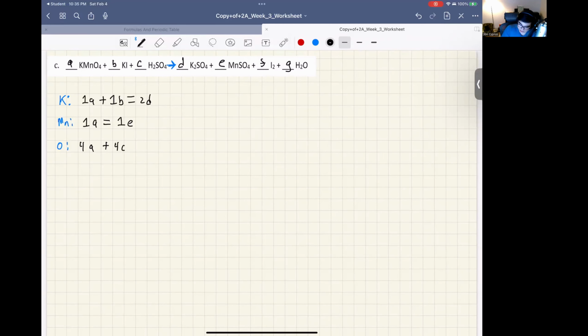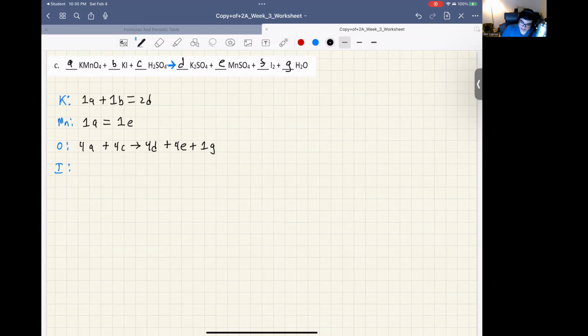So this is for C. For D, there are 4 oxygens. For E, there are 4 oxygens. And then for G, there's 1 oxygen.